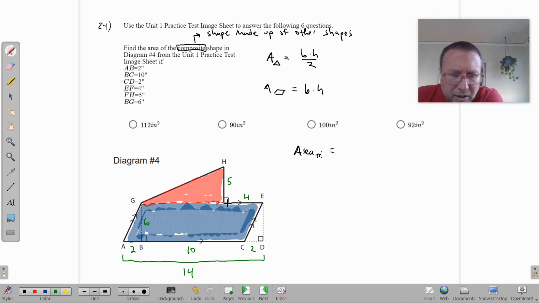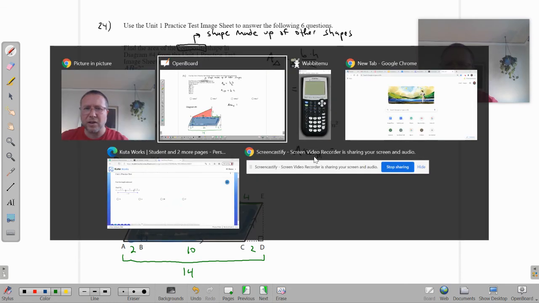Now, it says that this part right here is 4. So if that part is 4 and the whole thing is 14, then that means this distance is 10, right? Because 10 plus 4 makes 14. Actually, let me double check that.